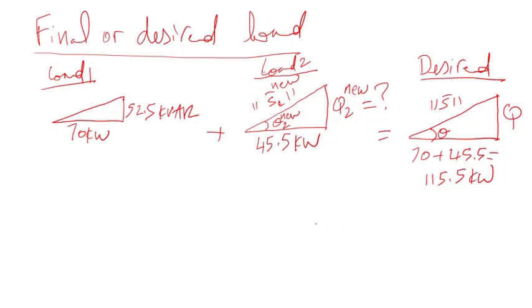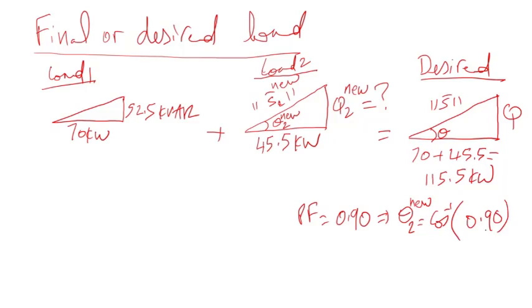But the angle, we said power factor, we want it to be 0.9 lagging. That means this theta 2 new we want will be the inverse cosine of 0.90, which is 25.84 degrees.